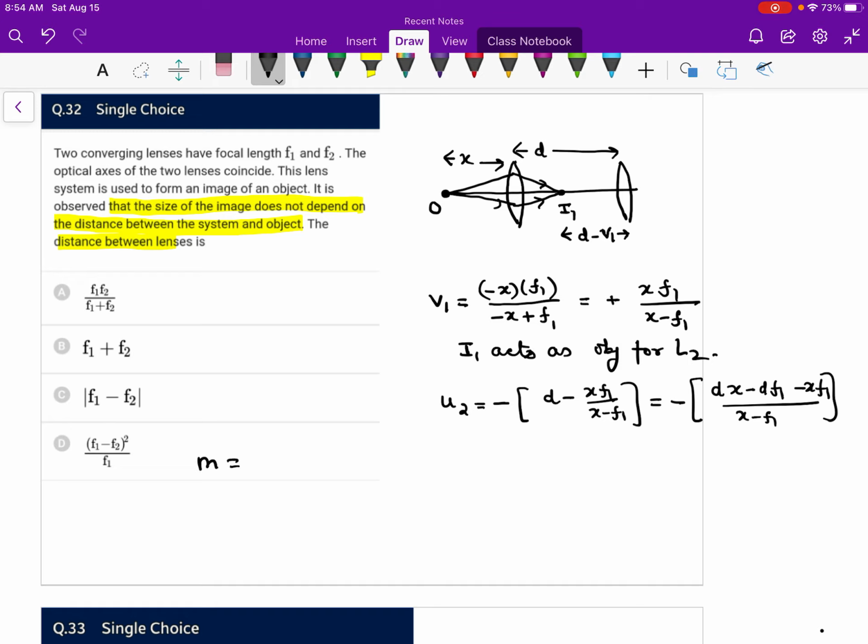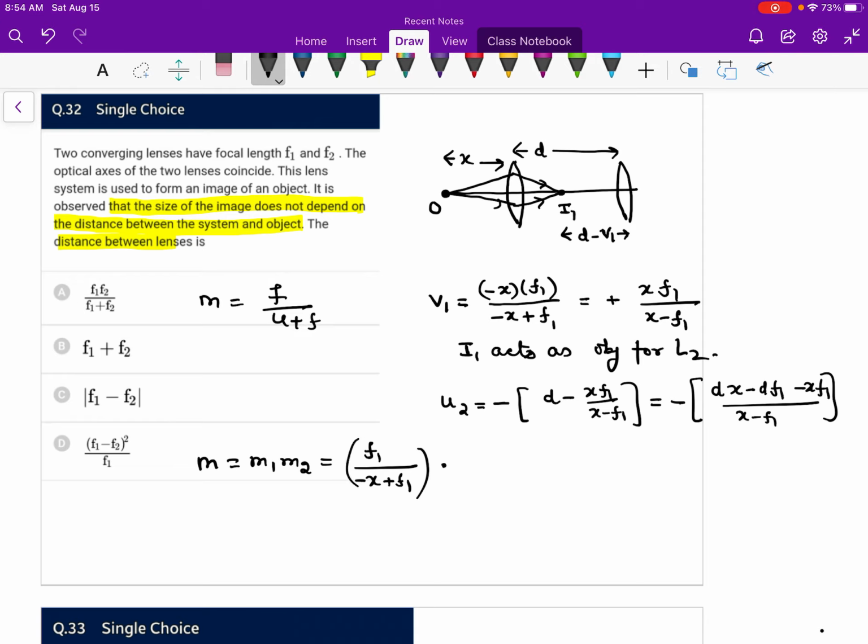Now magnification m is m1 into m2. M is for lens f upon u plus f. So for lens 1, it is f1 upon minus x plus f1.